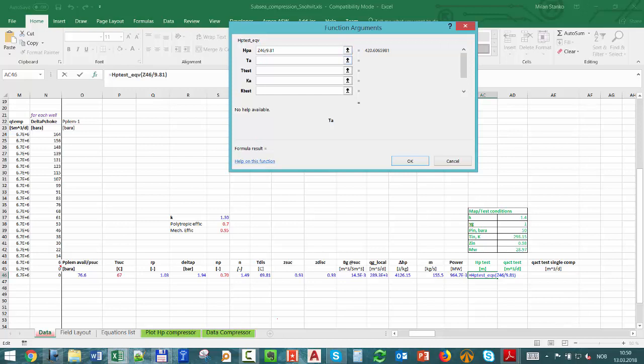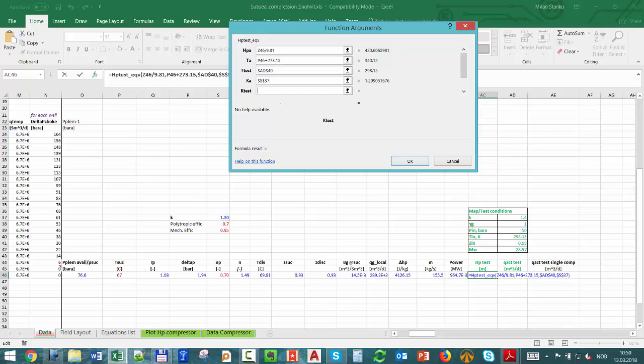Temperature is this one, the suction temperature. Remember, it has to be absolute. The temperature of the test is here, and I have to block it. The K of my actual fluid is here, methane, and I block it also.